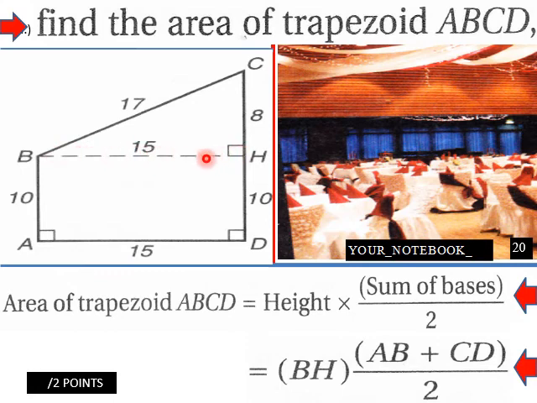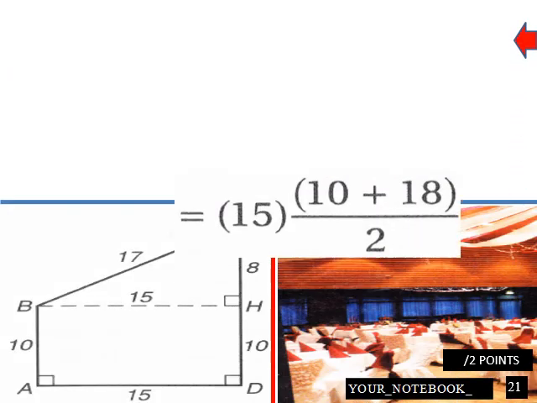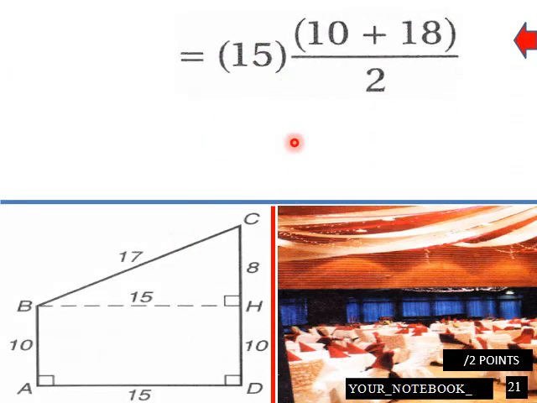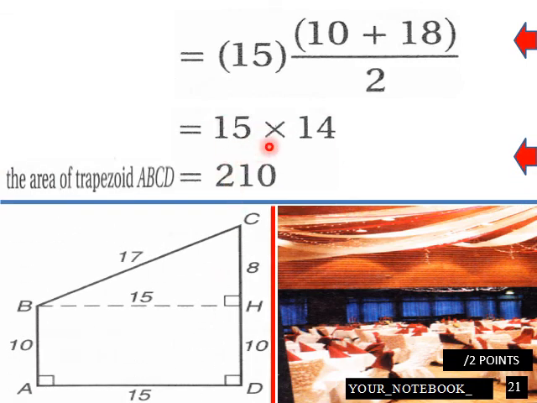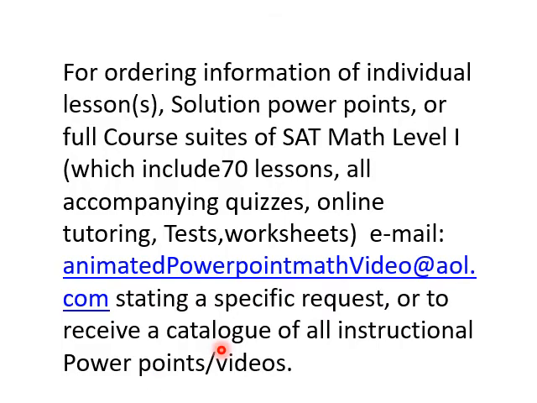Our height is BH times AB plus CD over 2. So it'll be 15 times 10 plus 18 over 2. This would give us 15 times 14, which would be 210.